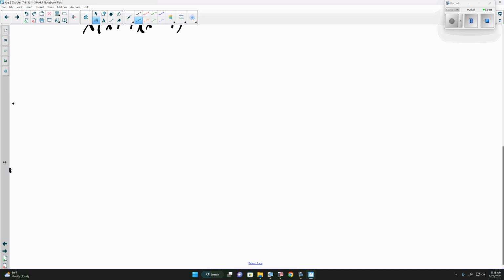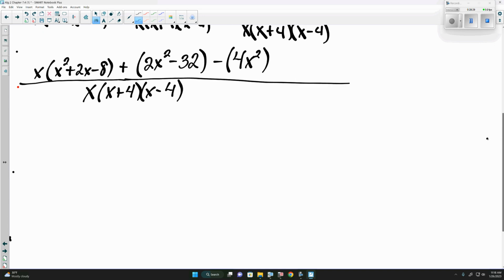Okay. That's fine. Now at this point here, we're going to distribute the x through and our signs as well. So x times x squared is going to be x cubed plus 2x squared minus 8x. We just multiplied each of those terms by x.